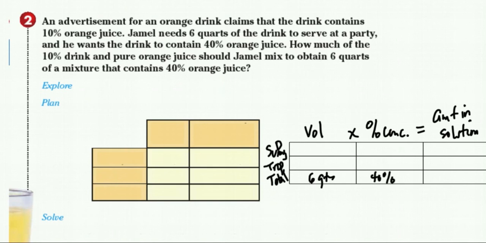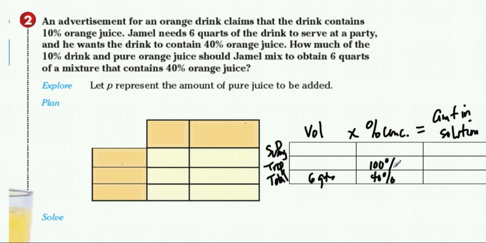Okay, so let's start. We always start with a let statement. So in this case, we let P represent the amount of pure juice to be added. So let's say Tropicana is pure orange juice. Okay, this is just an example. If it is pure orange juice, that means it has 100% juice in it, and Sunny D is our 10%, so we only put 10%.